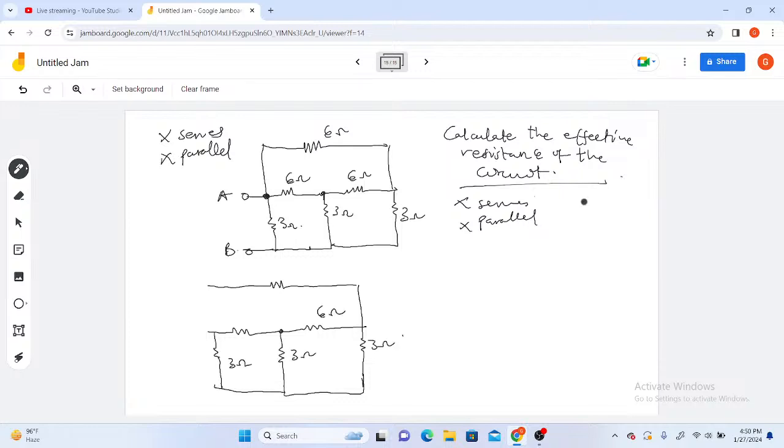This is 6 ohm, 6 ohm, 6 ohm. Then this place moves to the terminal A. This side moves to the terminal B. I'm going to convert the delta to a star. Okay, so let's see.